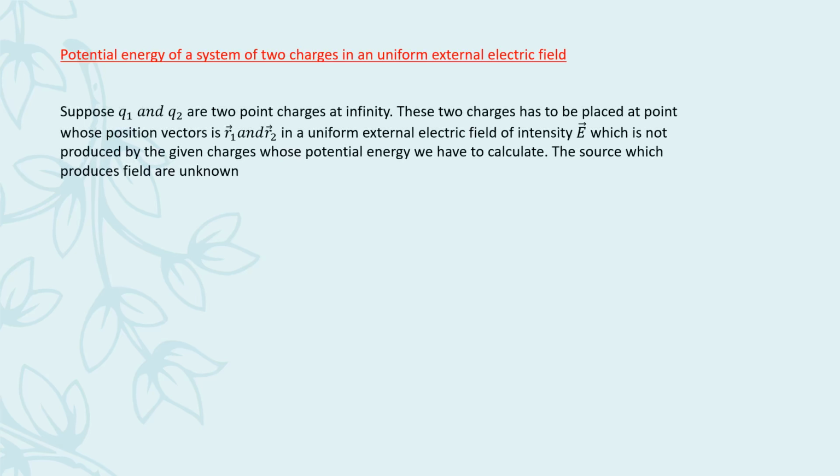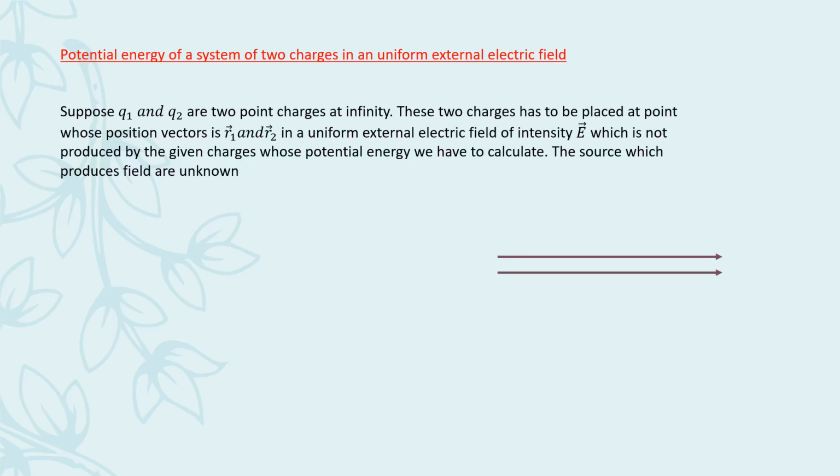Suppose Q1, Q2 are two point charges at infinity. These two charges have to be placed at points whose position vectors are R1 and R2 in a uniform external electric field of intensity E, which is not produced by the given charges.